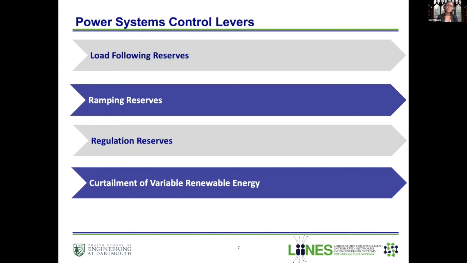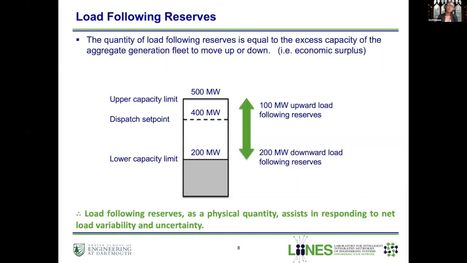And in some cases where you don't have enough reserves in your system, or there's negative net load, you might resort to curtailment as a means of balancing the grid. So load following reserves represent the ability of the generation fleet that is online to move up or down.